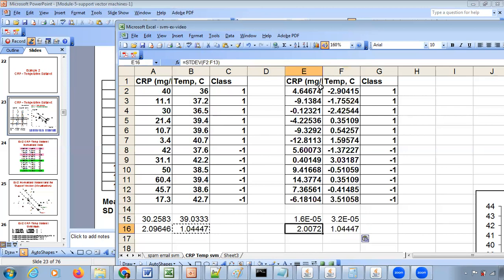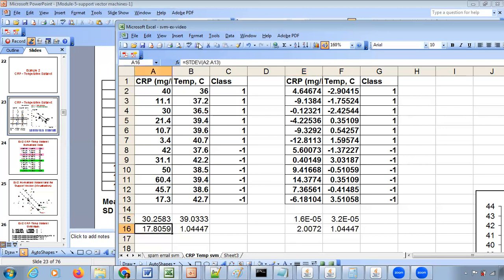Did I make some mistake? Oh, I'm sorry. For the standard deviation I used B2, so it should be A2. See, that's why I told you. The standard deviation of the normalized data for each feature should actually be 1 and the mean should be 0. We got the mean 0, but the standard deviation came out different from 1.